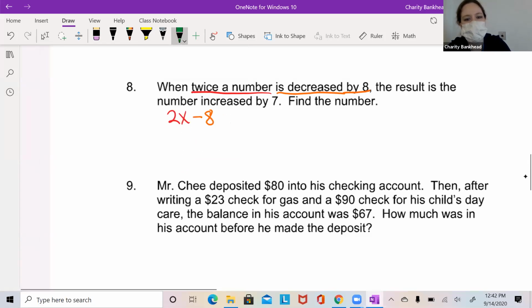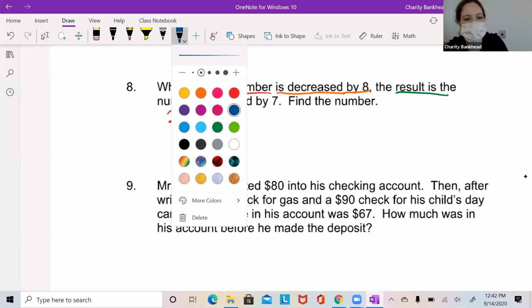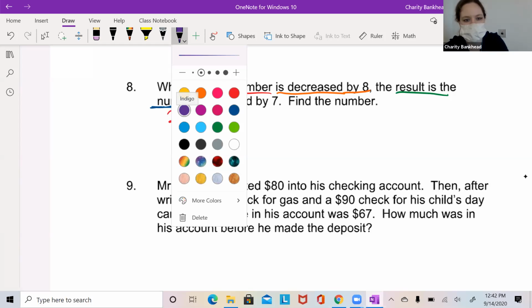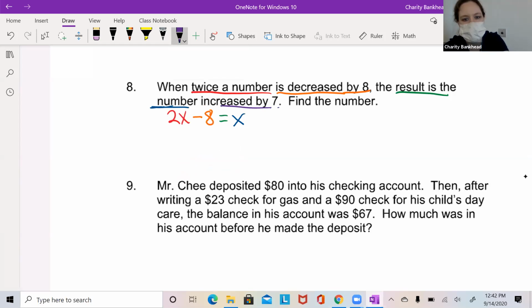The result is, so that equals the number increased by 7. So the number, that's x, and then increased by 7, that would be +7. So 2x minus 8 equals x plus 7. So that's our equation.